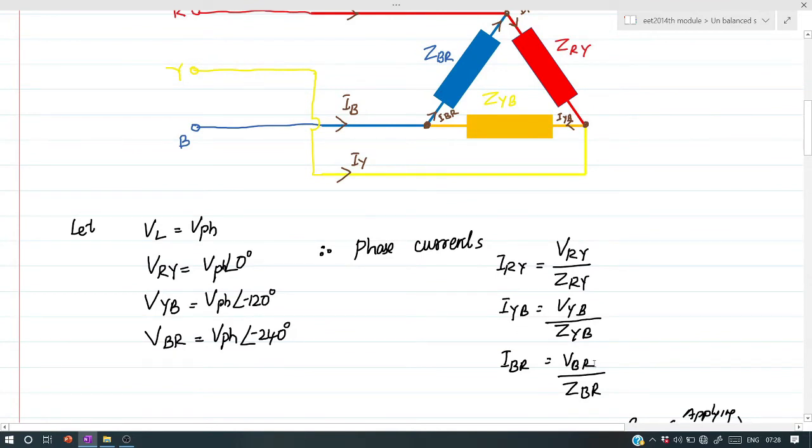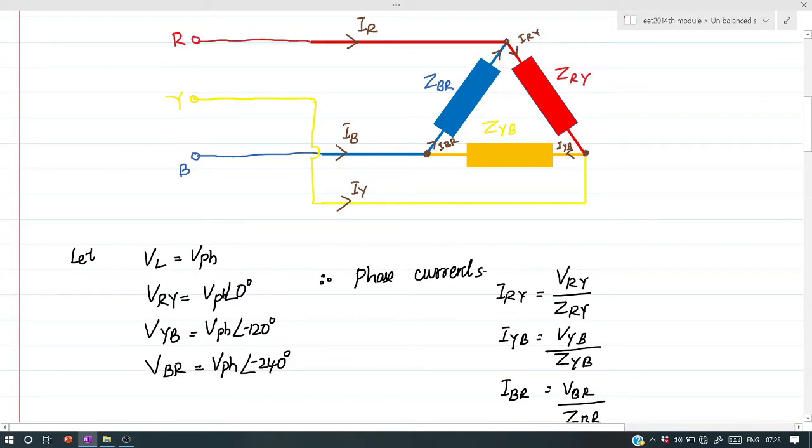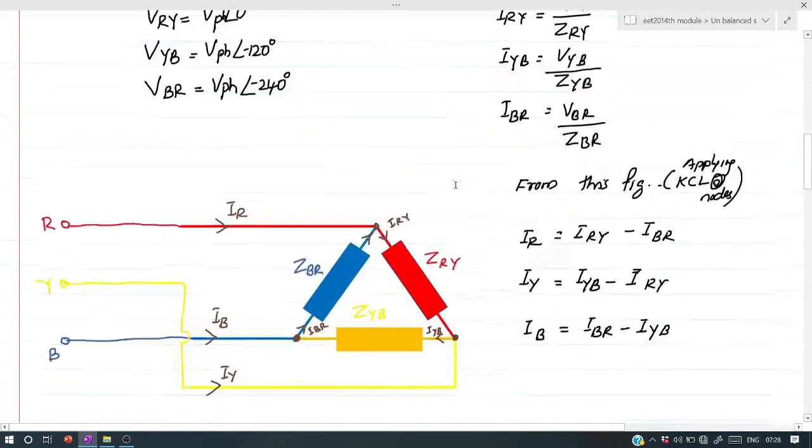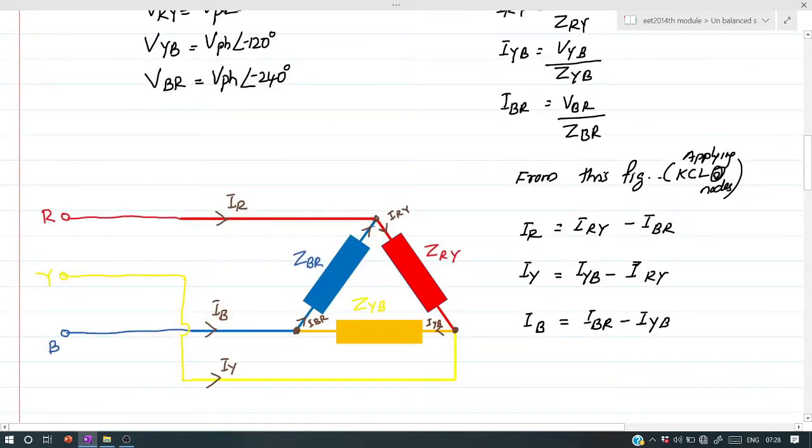Once we get the phase currents, we can find IR, IY and IB by applying KCL at the individual nodes. By applying KCL at this node, we can write IR plus IBR is equal to IRY, or IR is equal to IRY minus IBR.